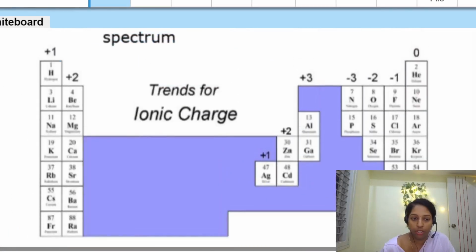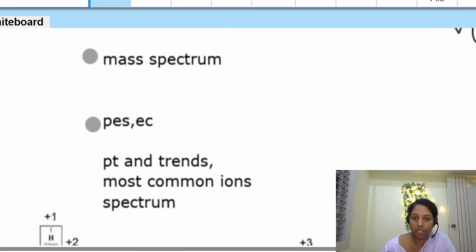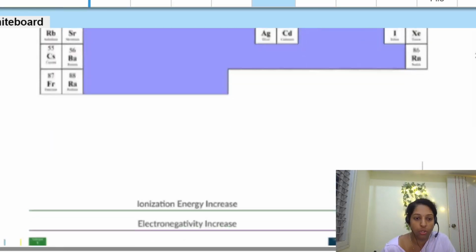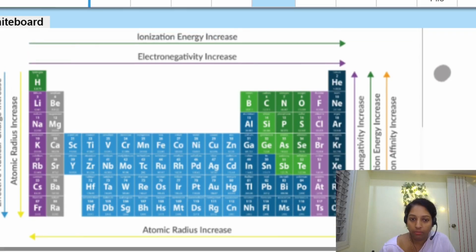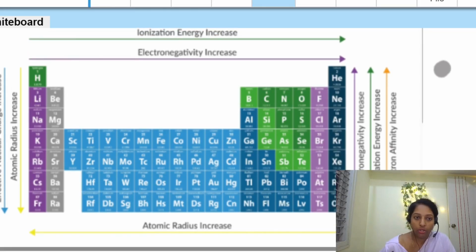Then the most important thing is the periodic table and trends and also most common ions. Okay, so periodic table, as you know, this is the periodic table. You have to know which are the blocks and how to write the electronic configuration and see their trend. As you know, left to right, atomic radius decreases, and others increase.